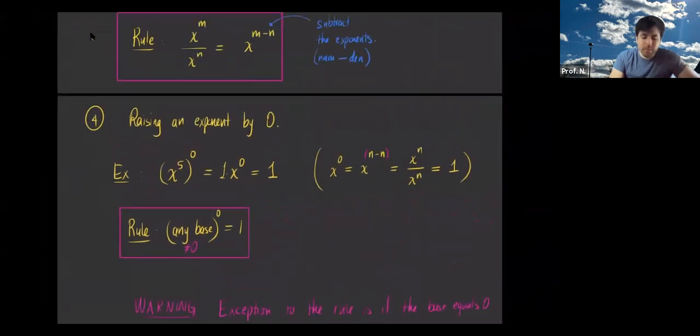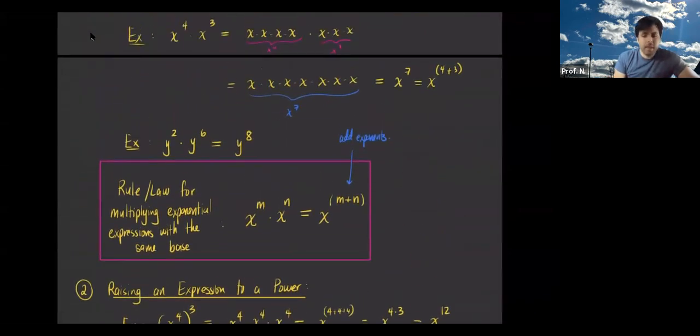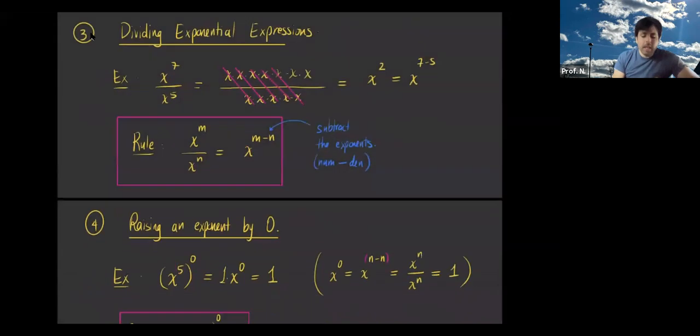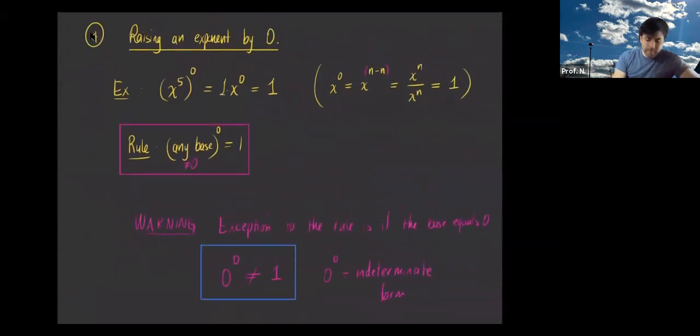Okay, so that's the fourth scenario or rule that we have. So far we have, if you have the same base and you multiply, add the exponents. If you have a base raised to a power that's raised to another power, you multiply the exponents. If you have the same base and you have a division, you subtract the exponents. If you have any base raised to 0 power and the base is not 0, then the result will be 1.